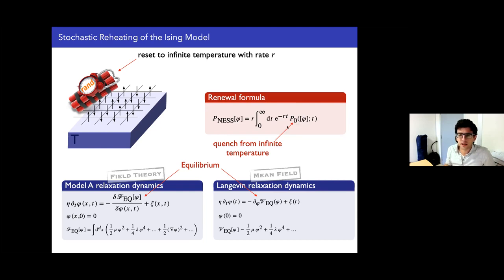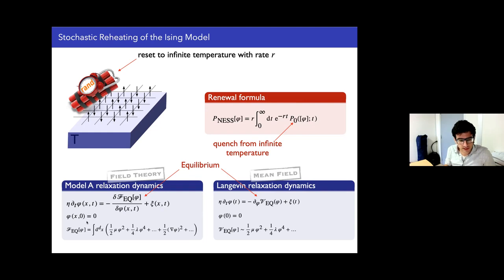We know in particular how to write down the field theory. The dynamics you can write down by means of the model A stochastic equation. It gives you a stochastic equation of motion for your magnetization as a function of x and t, which involves the free energy and some stochastic noise.